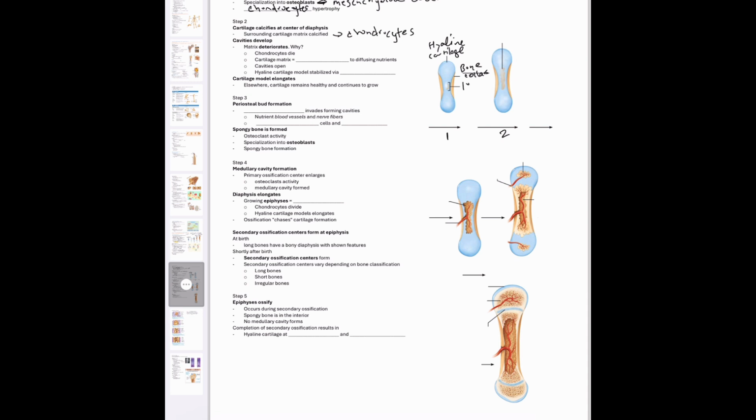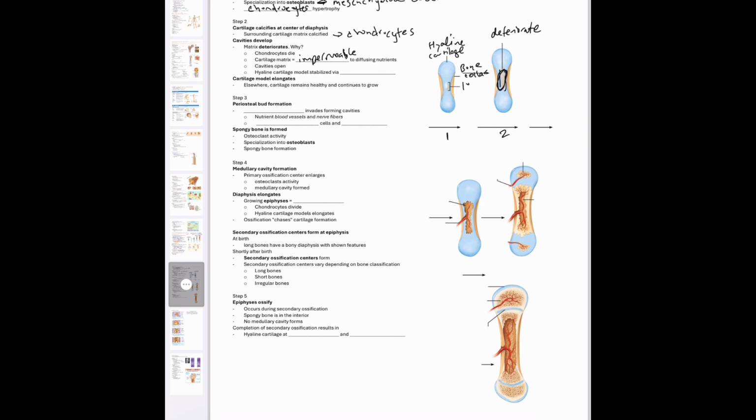And so what will happen is this matrix right here, it starts to deteriorate. But why does it start to deteriorate? Well, due to the secretion of that calcium, so it makes it impermeable to the diffusing nutrients. So as a result, those chondrocytes that are found here, they're going to die. So they start to die, and we start to get the formation of our cavity.